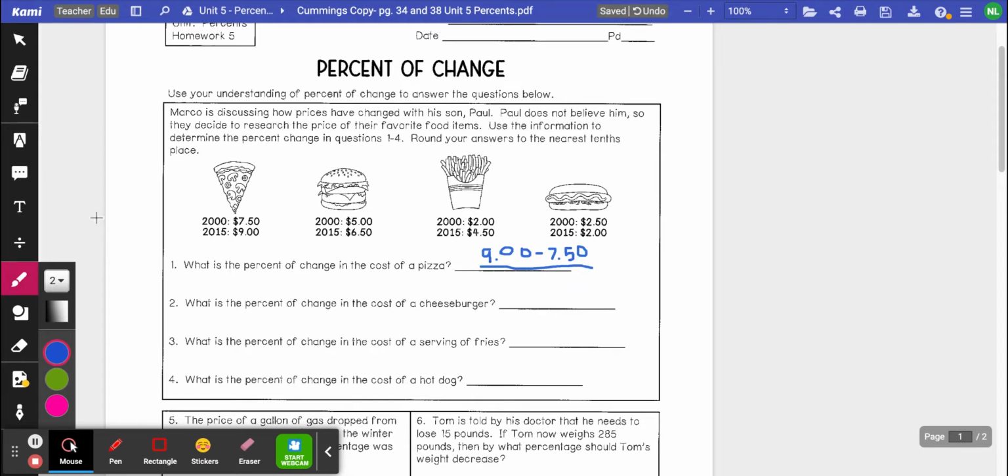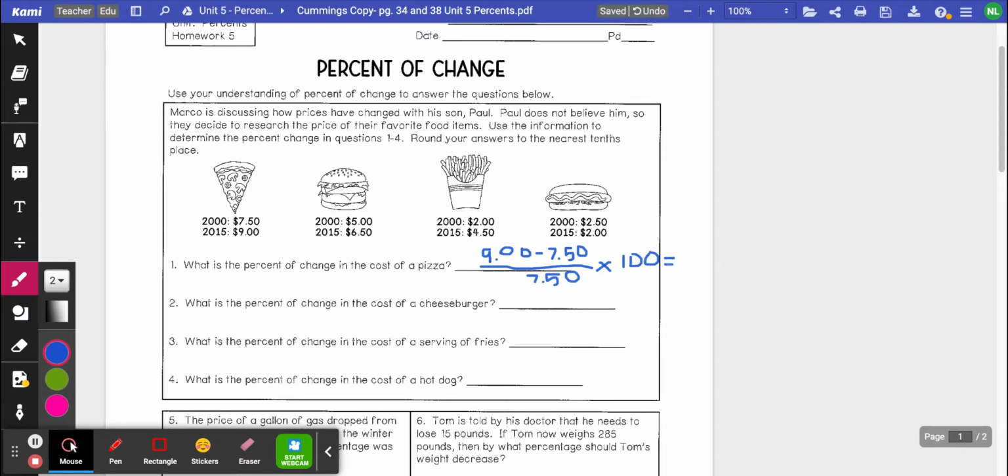Well, the original amount would be the first amount. So what came first, the year 2000 or the year 2015? The year 2000 came first, so that was the original amount. So you're then dividing it by $7.50. At the end, when you get an answer, you're going to times it by 100, and that will give you the answer.